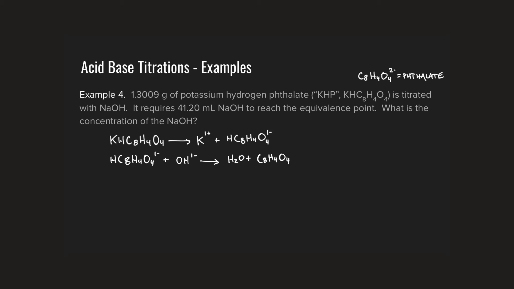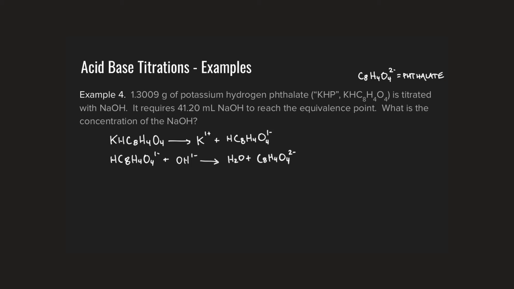So now I see acid-base behavior in that Bronsted-Lowry transfer of the proton from the acid, the hydrogen phthalate ion, to the base, the hydroxide ion. So now I've got some stoichiometric relationships here, and I can start dealing with my stoichiometry.